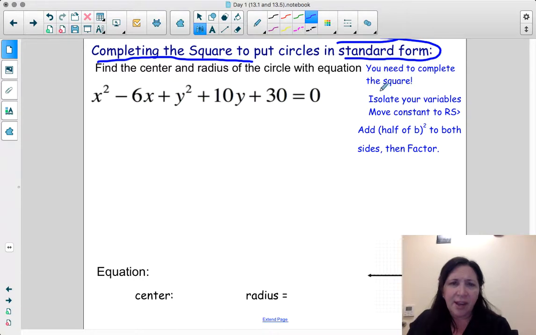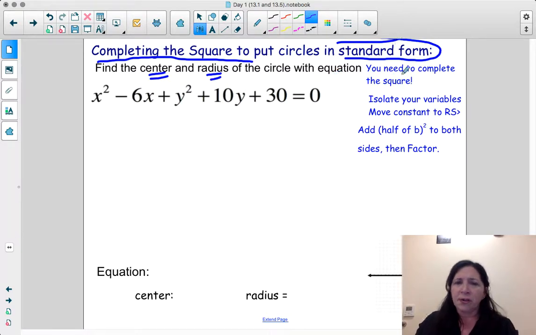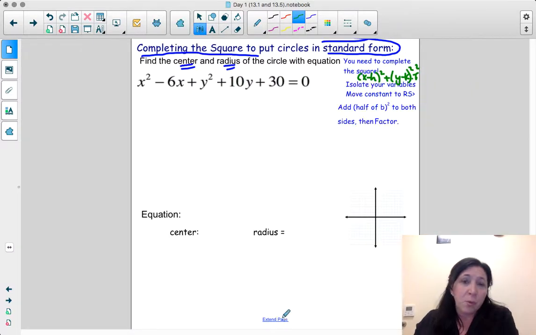In order to find the center and the radius of the circle, you're going to complete the square to put it in standard form. Standard form is where you have (x minus h) quantity squared plus (y minus k) quantity squared equals r squared. That's the form we want because that's going to give us our center and our radius.